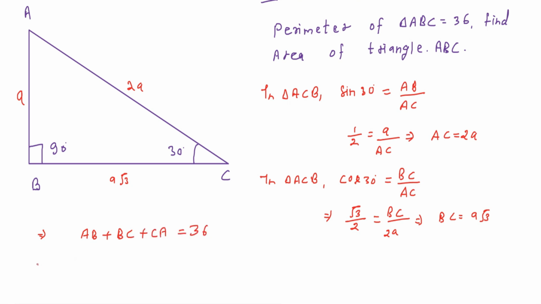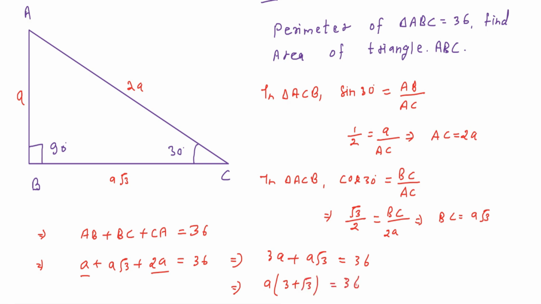If we put all the values of the sides in terms of a, the equation will become a plus a square root of 3 plus 2a is equal to 36. From here we can write 2a and a will become 3a. So we will have 3a plus a square root of 3 is equal to 36. If we take a common from the left hand side, we will have a times 3 plus square root of 3 is equal to 36.